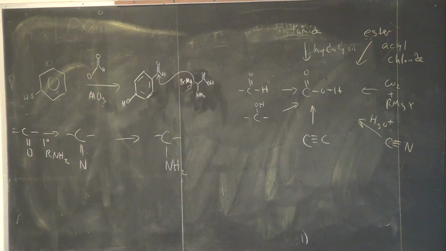Let's take a look at this reaction. It breaks it into two. Yeah, this is actually from a previous one. It breaks up into two acids. There's no triple bond acid.